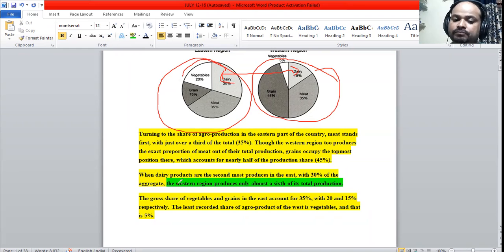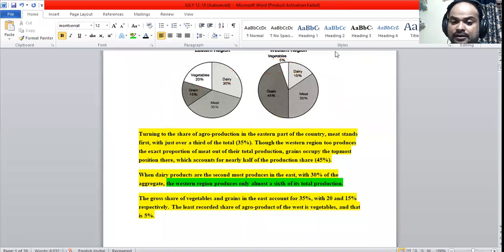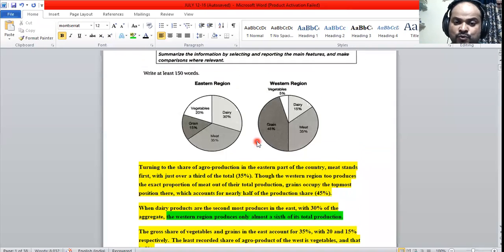Okay. So the gross share of vegetables and grains in the Eastern region is 35 here. This is 35, 20 and 15 respectively. The least recorded share of agro product in the West is vegetables. Yes, this is 5 and this is 5. That's it. So we have come to the conclusion of this particular task 1.